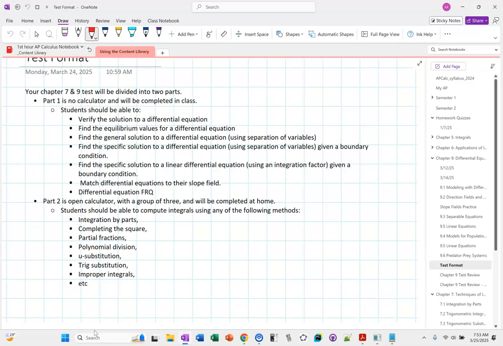Does that feel okay? Yeah. For part one, when we're doing differential equations stuff, should we know how to do the integration by parts? I don't have anything in there where you need to use that particular technique for part one.